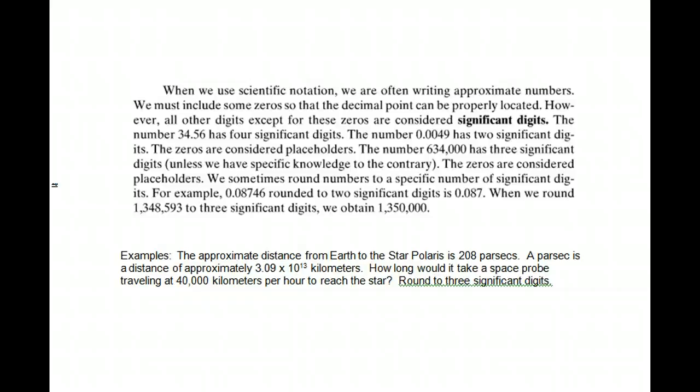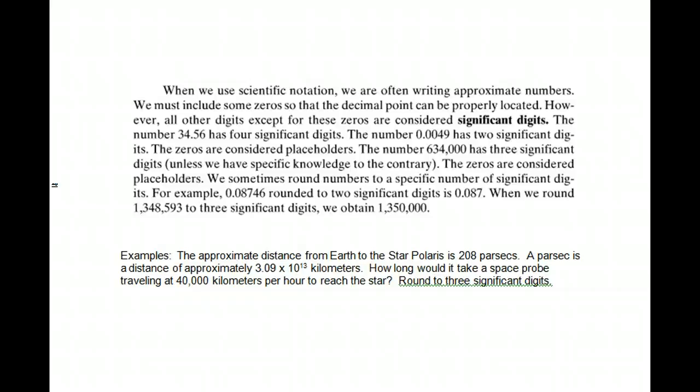If we rounded 1,348,593 to 3 significant digits, we would get 1,350,000. So let's look at an example here.